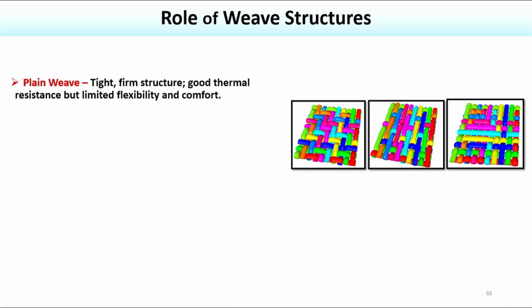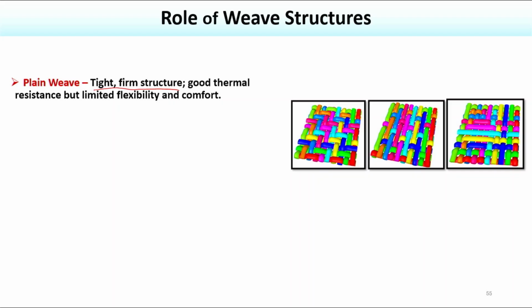For woven fabric, a plain weave structure is a tight, firm structure with good thermal resistance, but limited flexibility and comfort. The main advantage in woven fabric is that we can produce a very tight and firm structure, so structural stability is very high.